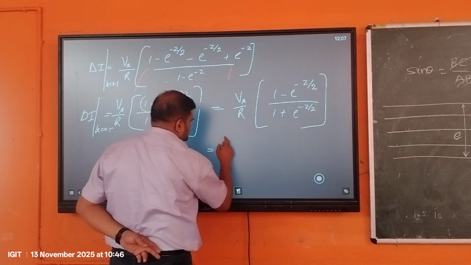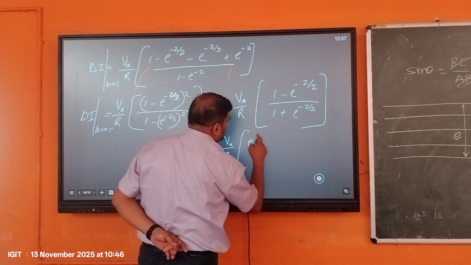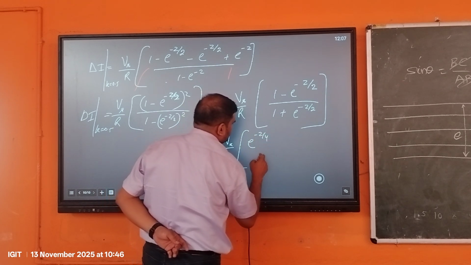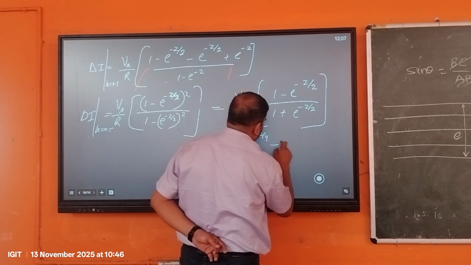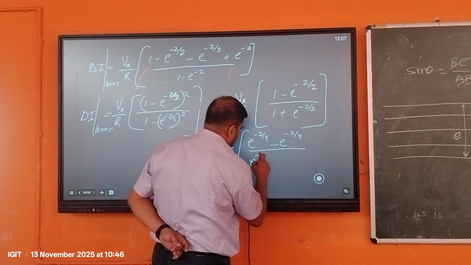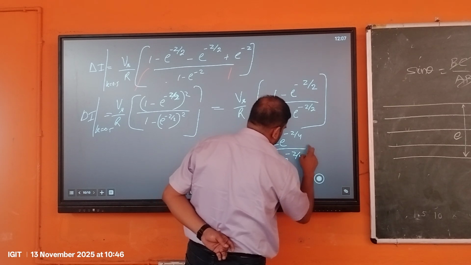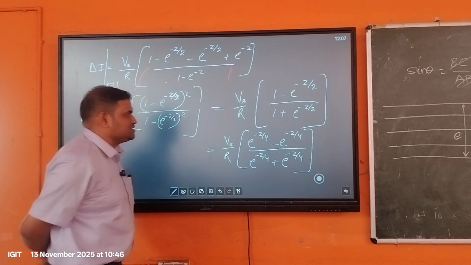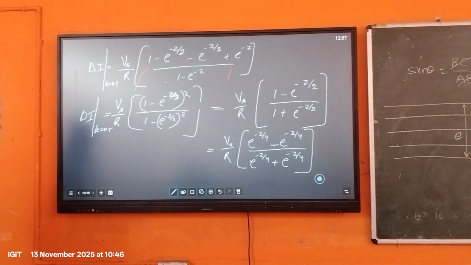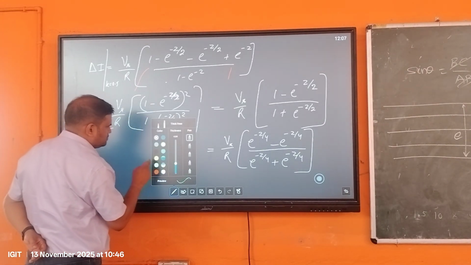So we can rewrite this as Vs by R, e to the power minus z by 4 minus e to the power minus z by 4 divided by e to the power minus z by 4 plus e to the power minus z by 4. Can we rewrite like this, the same equation? Let me do the rough work here.